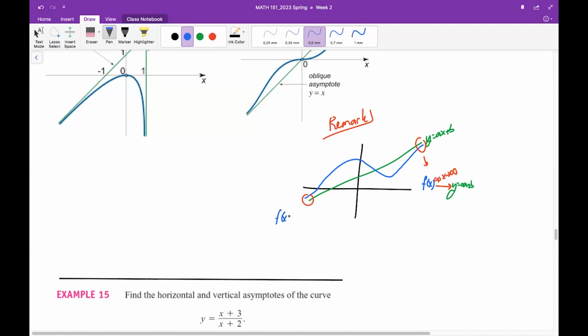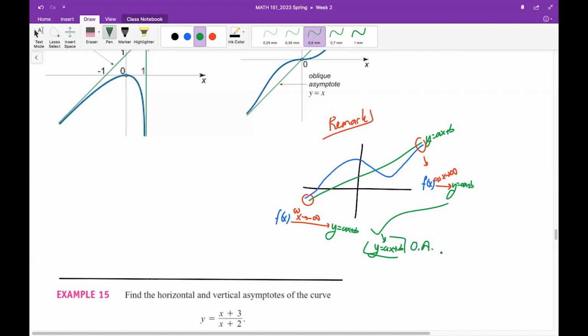The same situation happens. f of x approaches this green line, y equals ax plus b, as x goes to minus infinity. So if your function gets closer and closer to some general line like that, if they behave the same as x goes to plus or minus infinity, then you call this line the oblique asymptote.